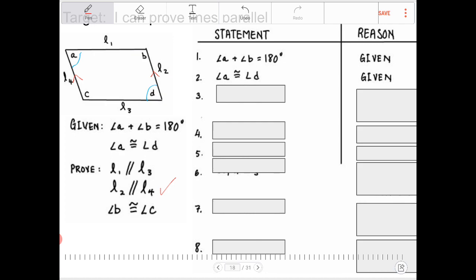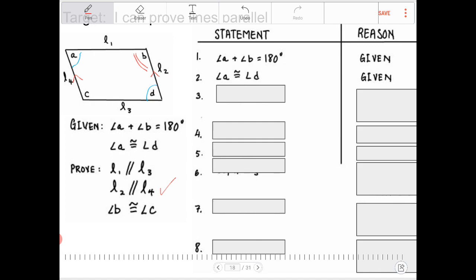And the proof here says to show that lines 2 and 4 are parallel. I mean, I've just articulated that, right? How do we show that lines 1 and 3 are parallel? Well, since we know that A and B are consecutive interior angles, and they add up to 180, and I know that A and D are congruent, therefore I can perform a substitution and say B plus D is equal to 180.